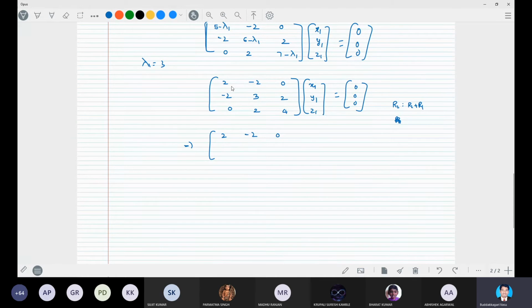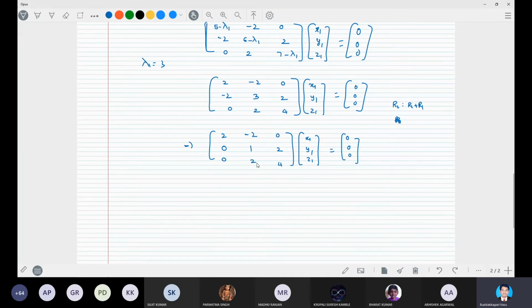R2 plus R1 gives 0, 1, 2. R3 is as it is: 0, 2, 4. That operation is not applicable to the vector, only the coefficient matrix.